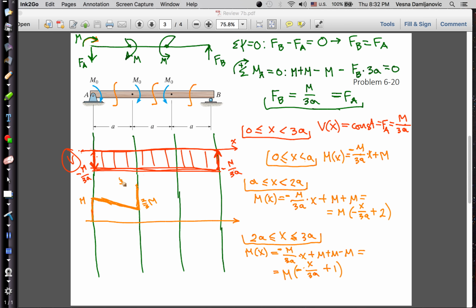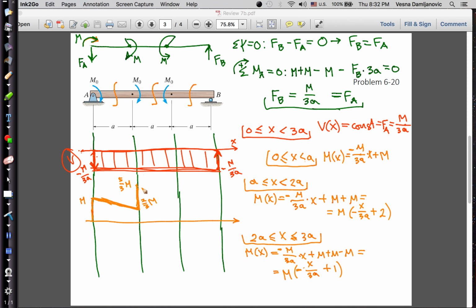So this should be a 5/3 M. And let's see when we plug a in this equation, at the beginning of the second span, do we get the number? So we plug a here, we get a and a cancel. You get minus 1/3 plus 2, which is 6/3, and sure enough, you get plus 5/3 M.